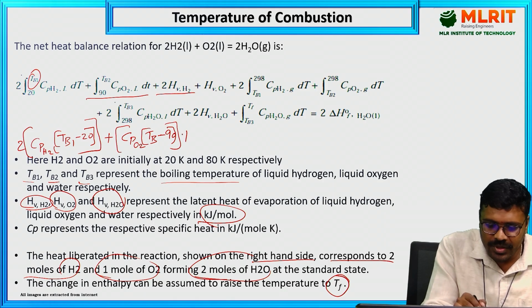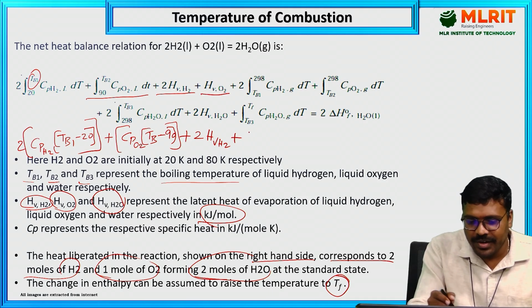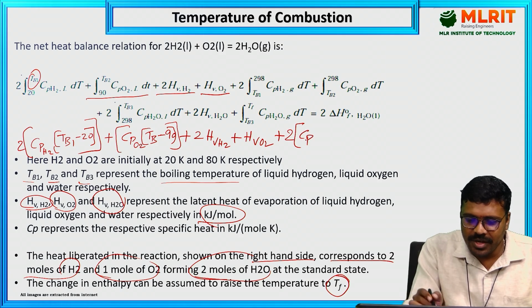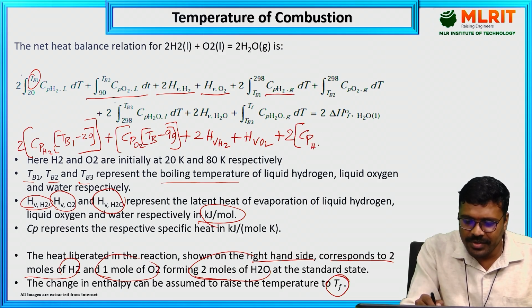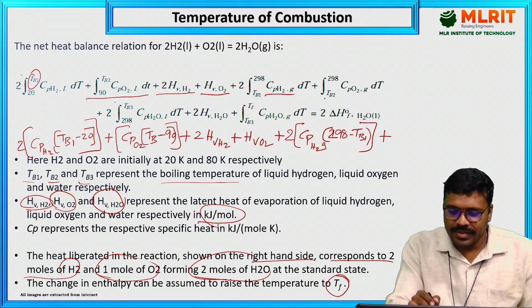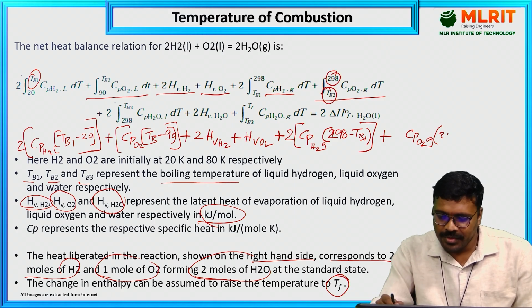plus this term, latent heat: 2 moles of hydrogen, latent heat of vaporization of hydrogen, plus latent heat of oxygen Hv of O2, plus 2 moles of hydrogen from Tb1, Cp of hydrogen in the gaseous state into delta T, 298 minus Tb1, that is the boiling point of hydrogen, plus this term can be written as Cp of O2 in gaseous state, delta T is 298 minus Tb2.